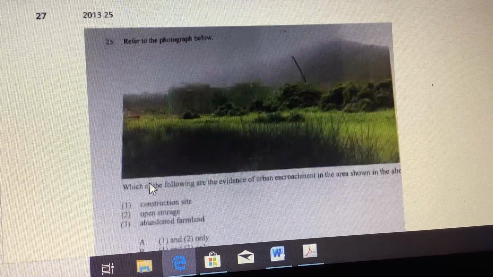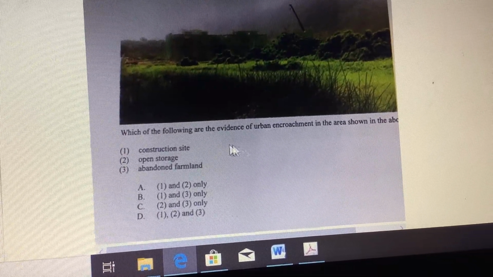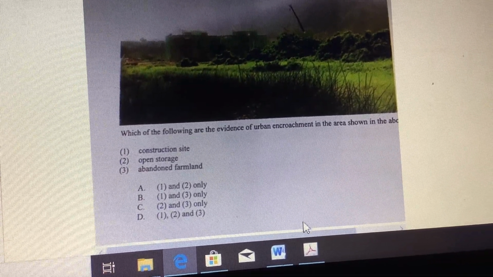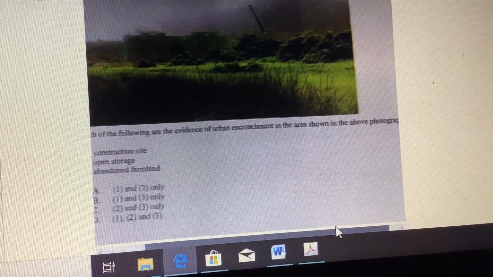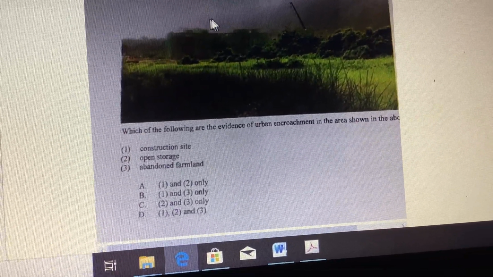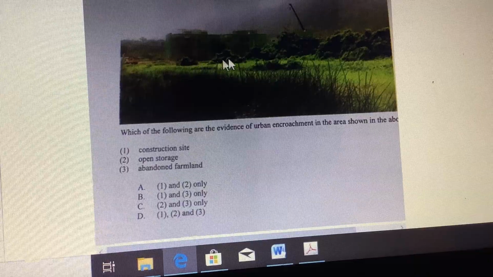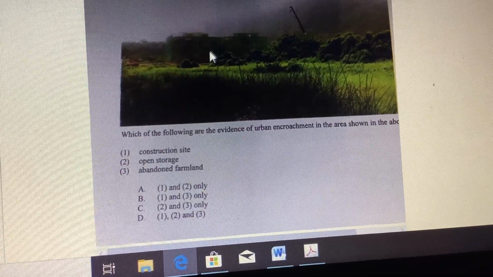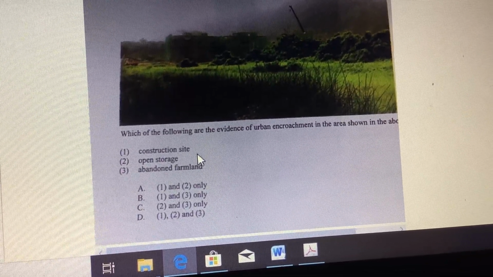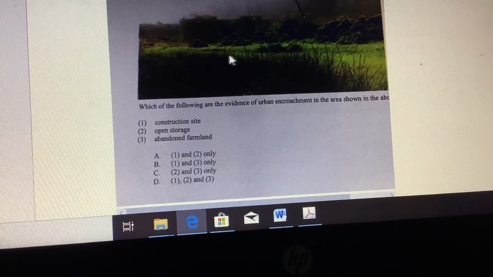Okay, this one. Which of the following are the evidence of the urban encroachment in the area shown in the above photograph? Okay, you can see there's some building in the background of this photo. Construction site. Do we have the construction site?